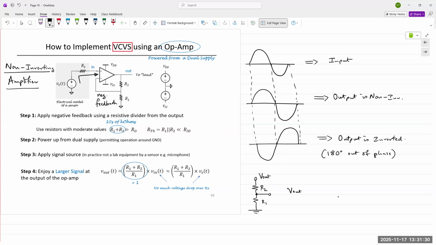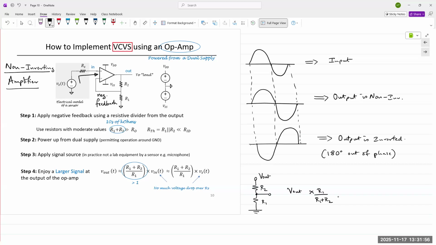It should be Vout times R1 over R1 plus R2. Okay. So we are applying negative feedback, meaning we're trying to reduce the difference in the input.